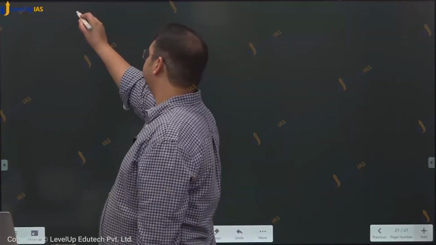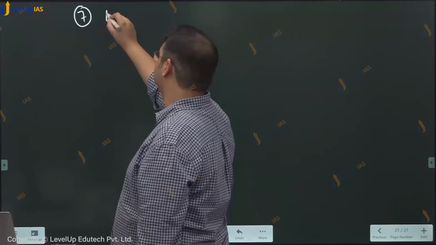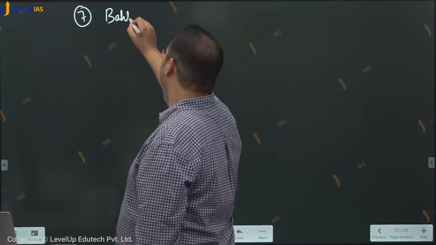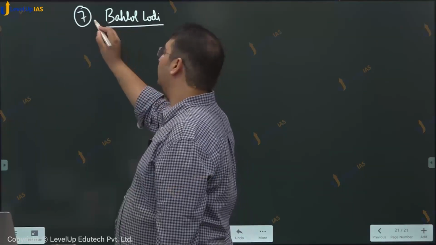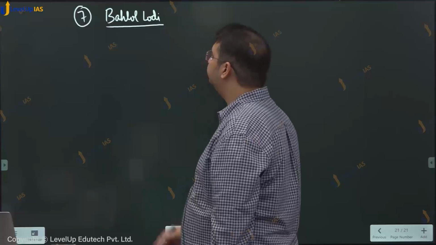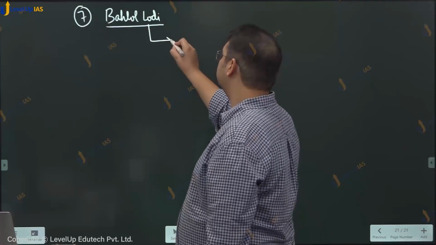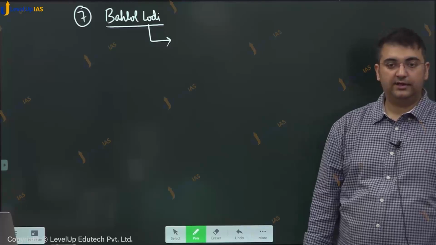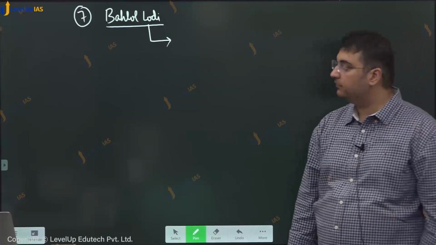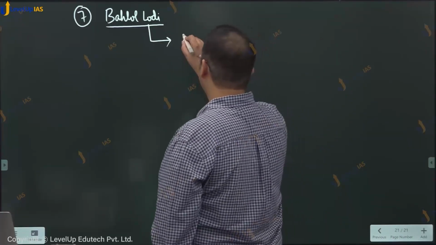Next, Bahlol Lodi. Which theory of kingship did he follow? Turkish or Afghan theory? Afghan theory of kingship.